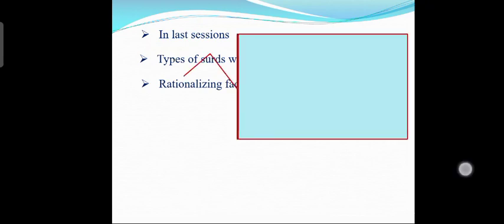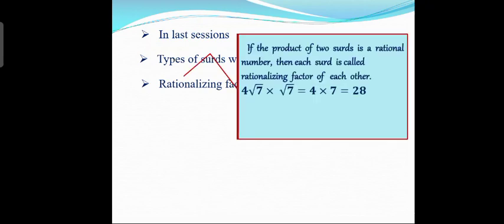Rationalizing factor. If the product of two surds is a rational number, it means that whenever we multiply such two surds and the result is a rational number, then each surd is called the rationalizing factor of the other. For example, 4 square root of 7, when it is multiplied by square root of 7, definitely we get 4 times 7, and 4 times 7 is 28. 28 is a rational number.